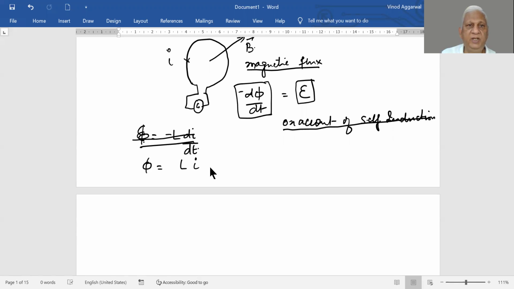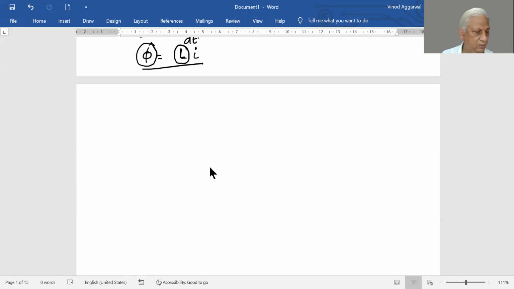If you have any loop, object, or coil, whatever, if it has an inductance, then the flux through it is given by this formula. So EMF is minus d phi by dt, which, if we use this formula, becomes this.